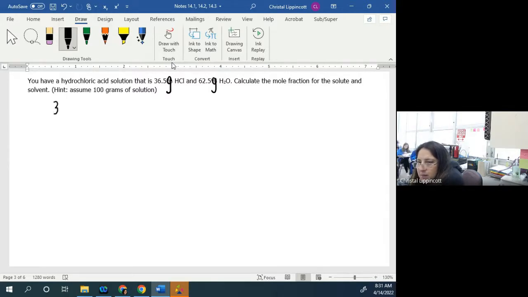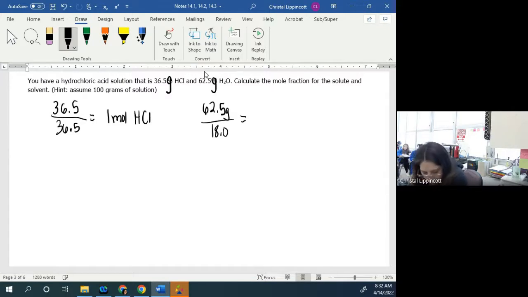So then I'm going to take HCl and turn it into moles. And then I'm going to take my water. That's 3.47 moles.